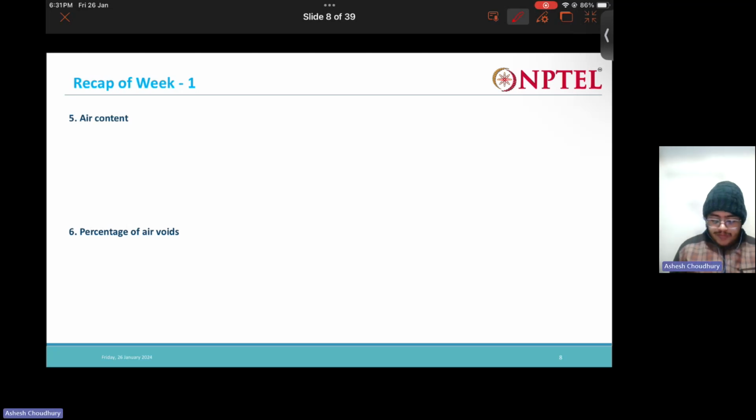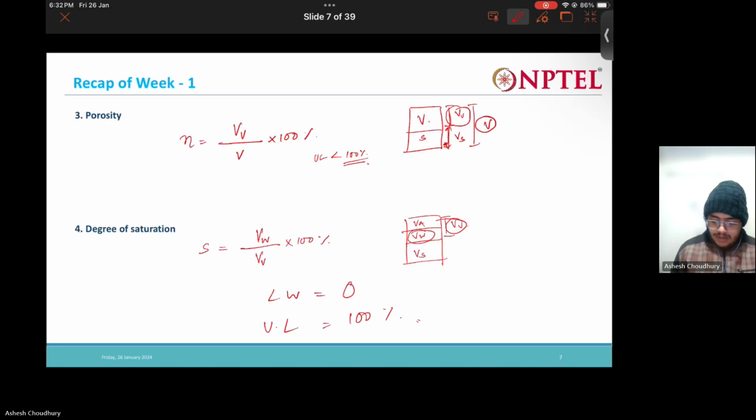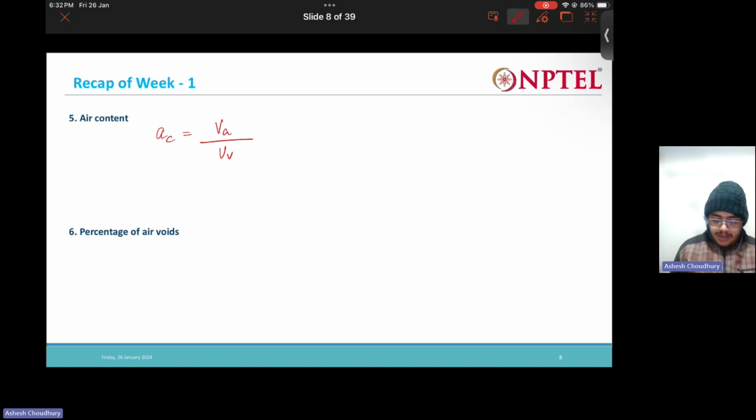Next we have air content. Air content is volume of air by volume of voids, nothing but 1 minus degree of saturation. Similarly, percentage air voids is volume of air by total volume into 100%.